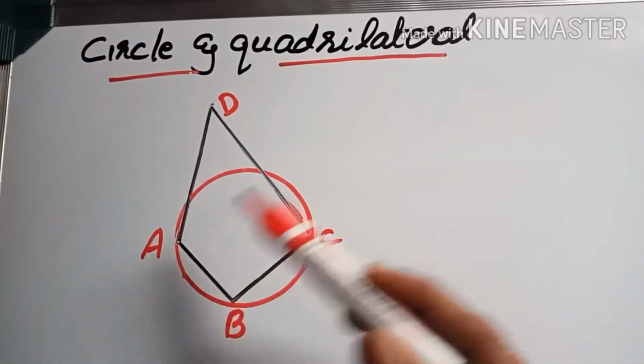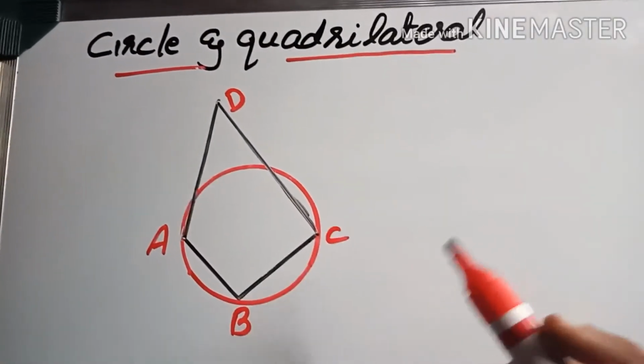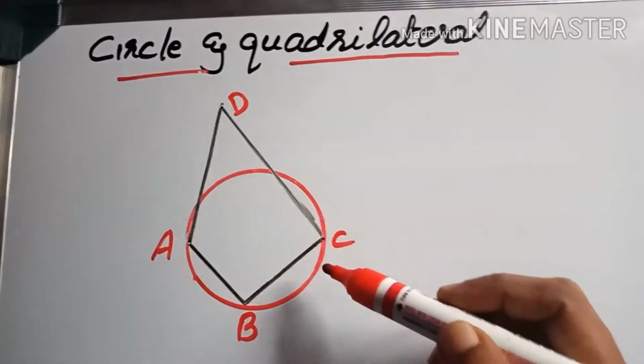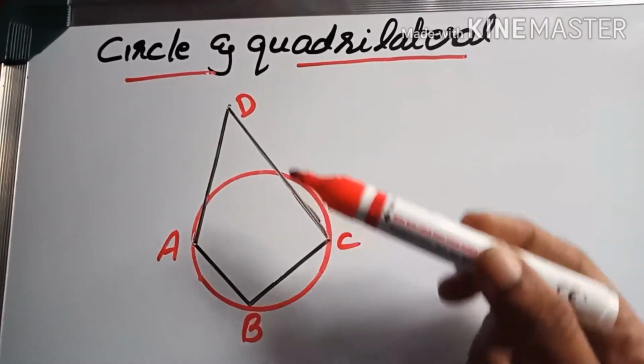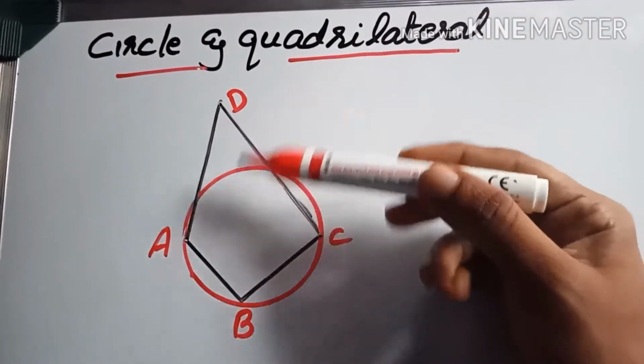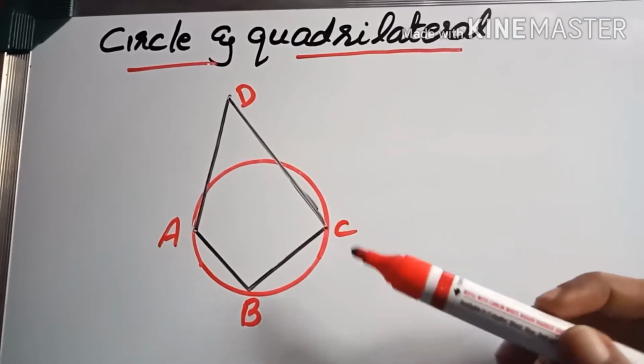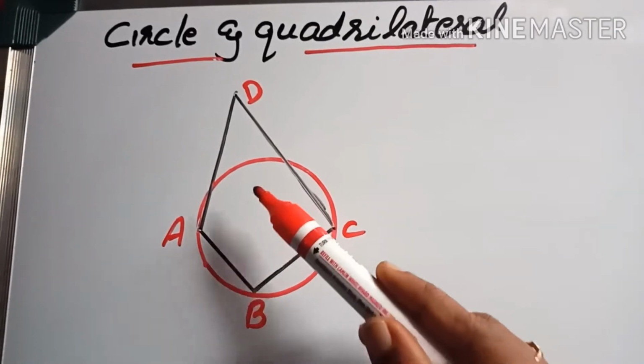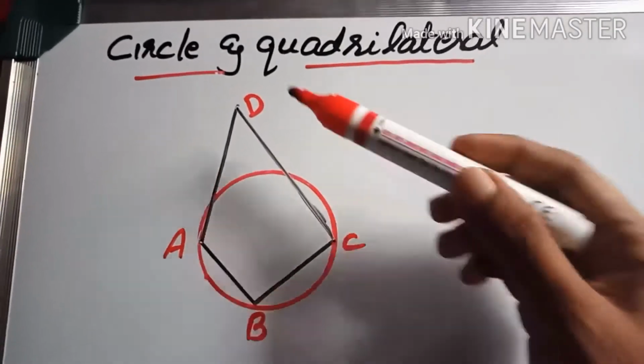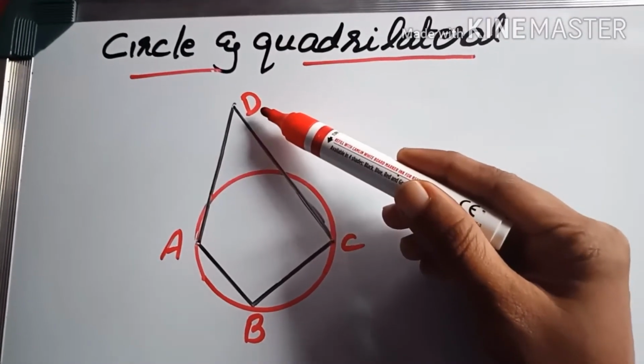Here we are not considering any diameter or like that. Just for a quadrilateral, if one vertex is outside the circle, then opposite angles are not supplementary. Supplementary will come only if all the four vertices are on the circle. But here that one vertex is outside the circle.